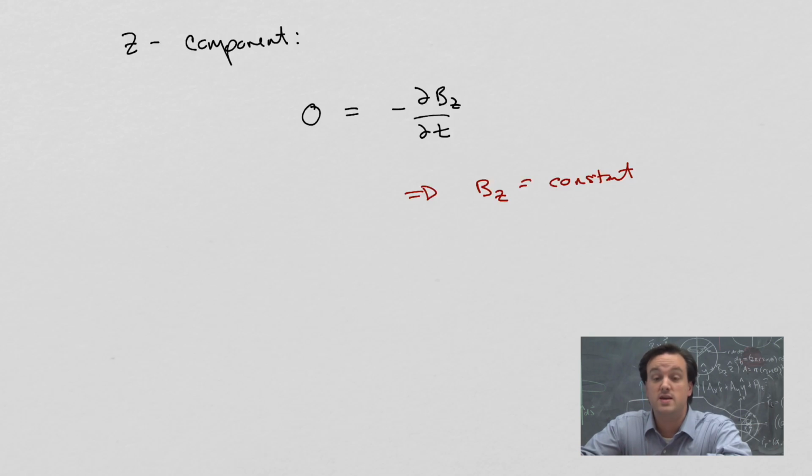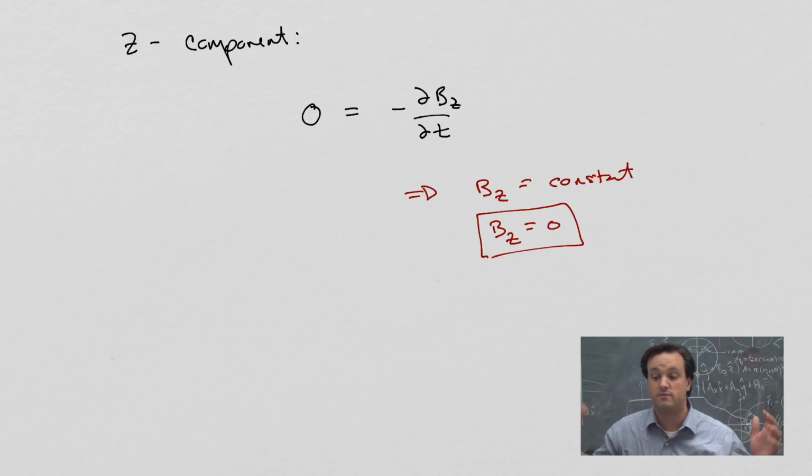And so the easiest choice, unless I know that I have some homogeneous magnetic field in the background, is to choose that constant to be equal to 0. After all, I'm talking about the vacuum solutions to Maxwell's equations, and so perhaps there aren't really any magnetic sources anywhere nearby, and I can approximate any homogeneous field value in the background to be 0. Great, we're one third of the way done.